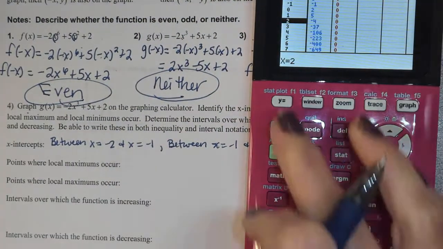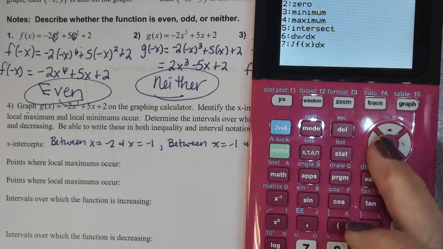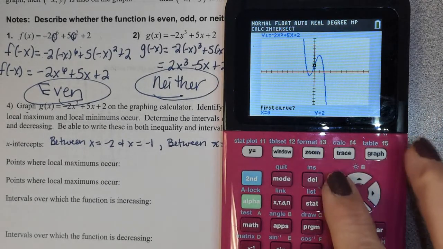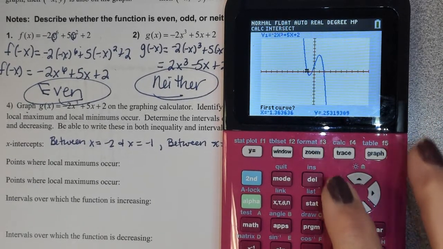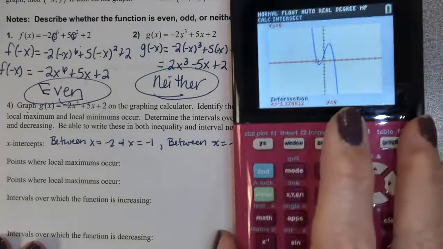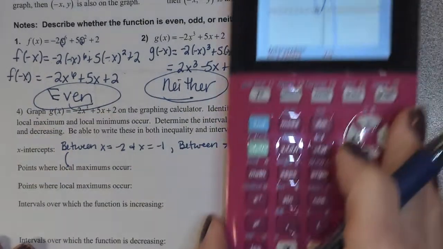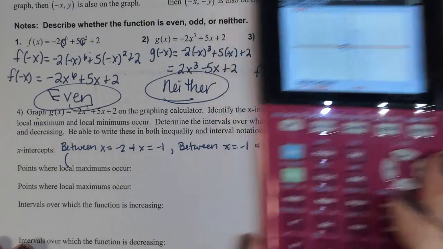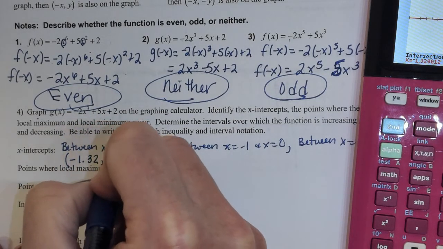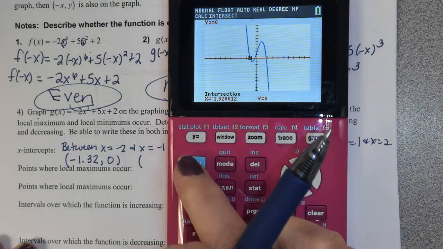All right. Go back to y equals, zoom. Oh, no, I don't want to do that. Second, calculate. I want to find my points of intersection now, and I want to find this first x-intercept. I get close to it, and I do enter, enter, enter. Ooh, okay, it's not exact. So I'm going to say my x-intercept is about, rounding to the nearest hundredth, negative 1.32. There's one of them. That's my point, approximately.